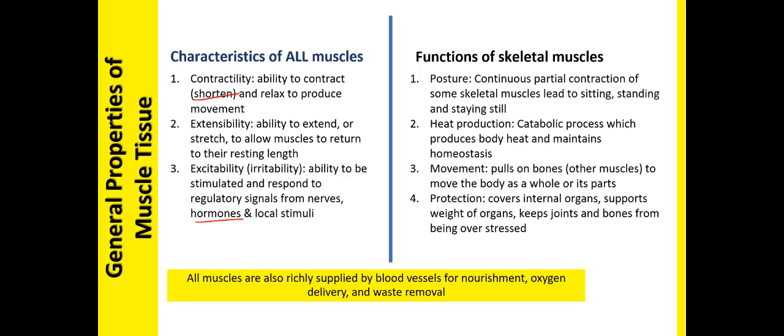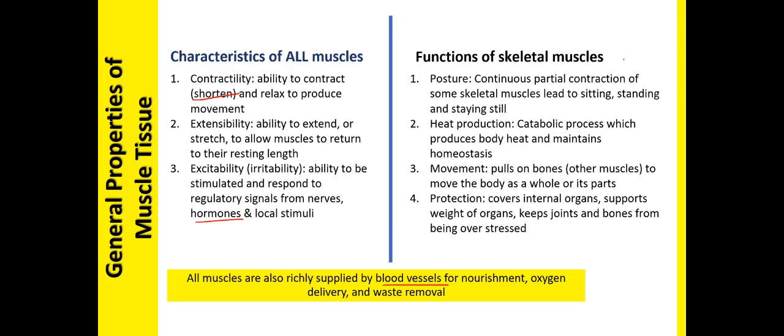All muscles are richly supplied by blood vessels for nourishment, oxygen delivery, and waste removal, because muscles are constantly being used, whether we're awake or asleep. So our muscles are constantly in action, and so they need a huge supply of blood in order to provide for nourishment as well as for waste removal.